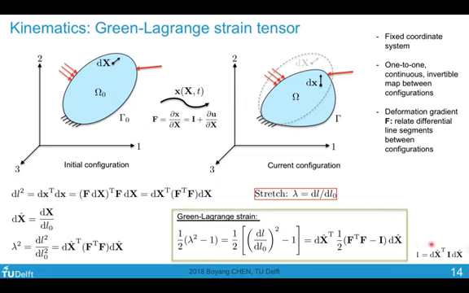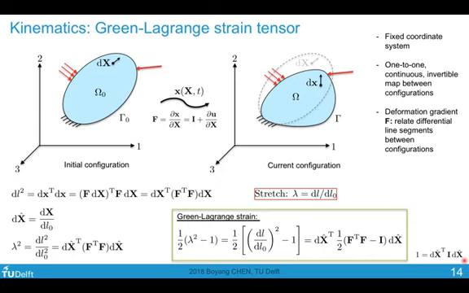We plug in the expression of lambda squared, and then we also express 1 through a mathematical manipulation, as dX hat transpose times the identity matrix times dX hat. dX hat is the unit vector. When you have a unit vector transpose times the identity matrix times the unit vector itself, you obtain just 1.